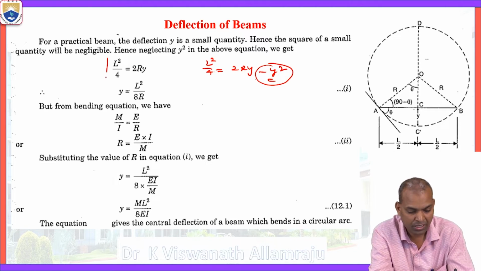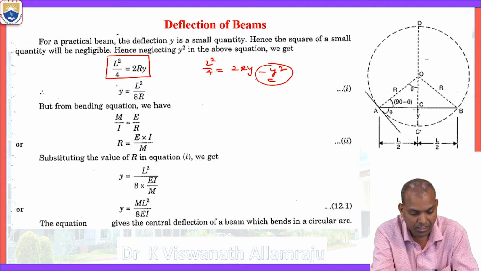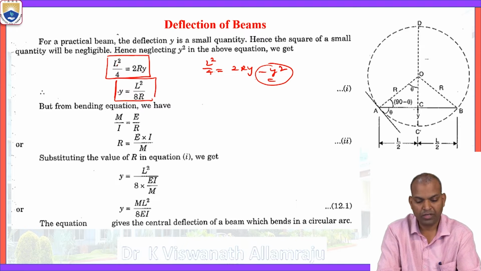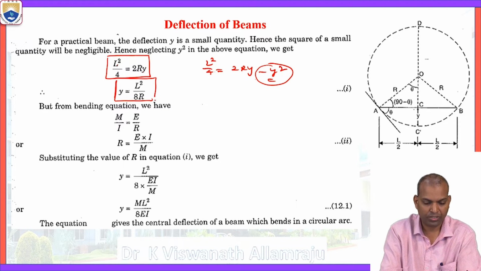Then the term becomes L square by 4 equals 2RY. Then Y equals L square by 4 into 2, that is 8, so Y equals L square by 8R. This is considered as equation 1.